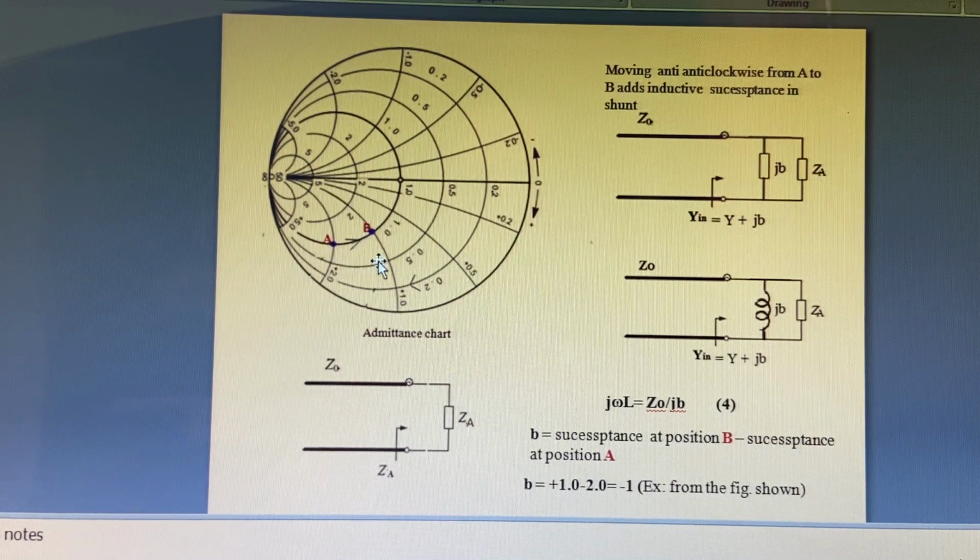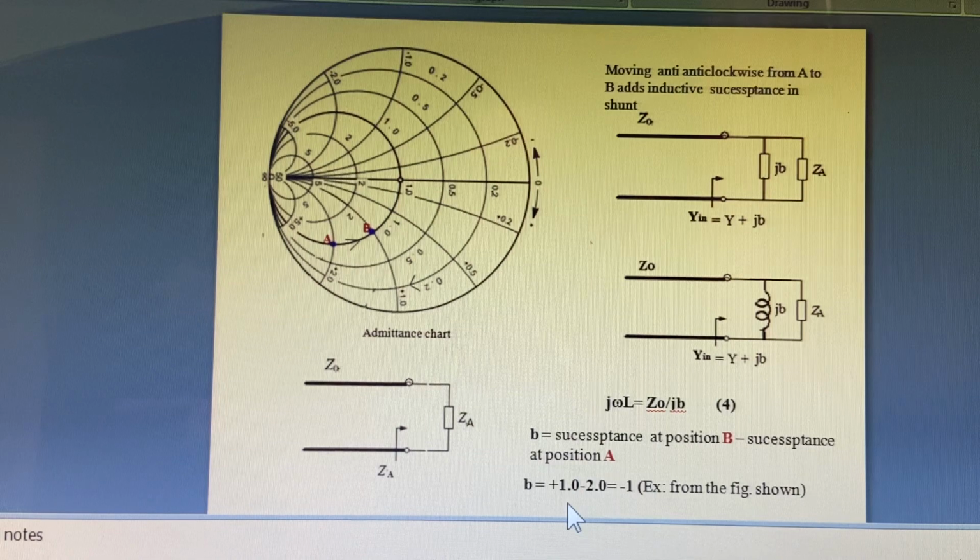We take the susceptance circle value passing through point B, that is plus 1, and the susceptance value at position A, which is written here, plus 2.